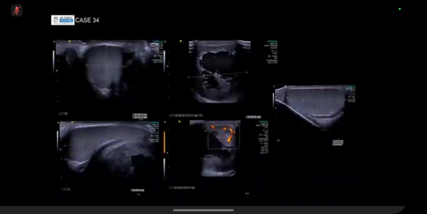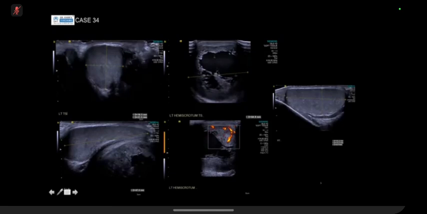So this is a 7-year-old patient presenting with swelling of the left testicle. What do you think, candidate 4?